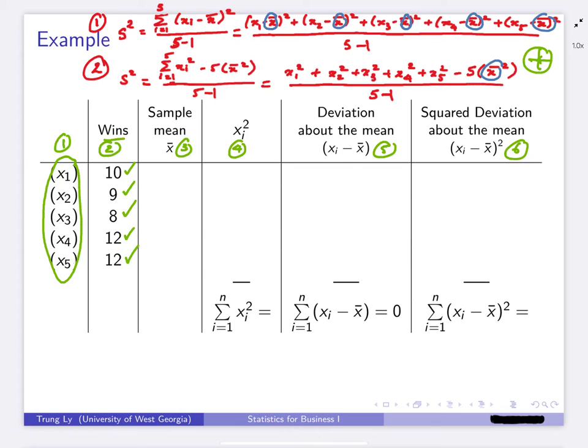In this case, the mean x bar is going to be equal to 10 plus 9 plus 8 plus 12 plus 12 divided by the number of observations, which is 5. That gives you 10.2. So I'm going to have 10.2 as the mean. Note that for any given sample, there's one and only one mean. So the mean is going to be the same for all the observations.